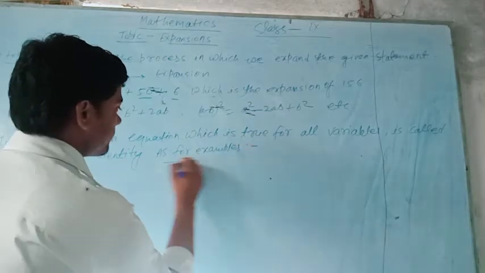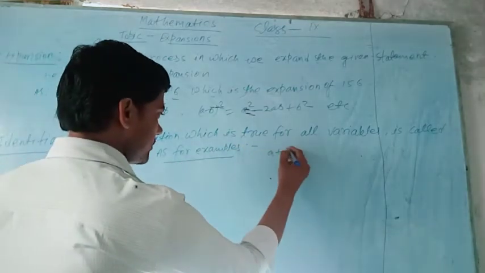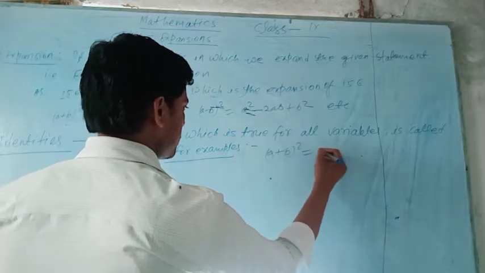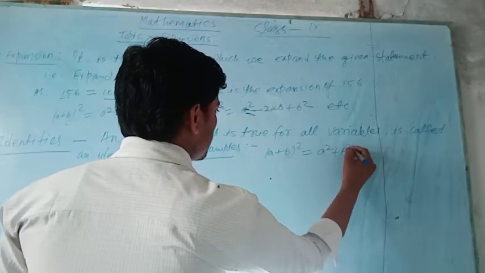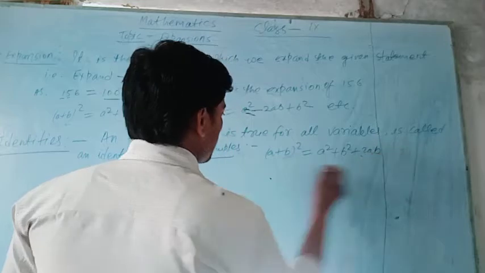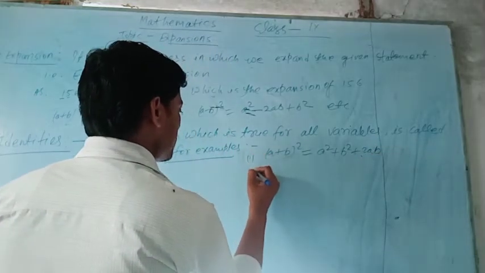One more example you can take. (a minus b) whole square is equal to a square minus 2ab plus b square, etc.